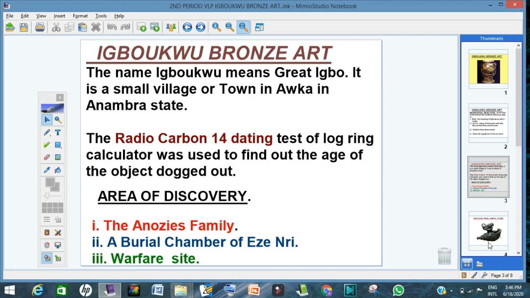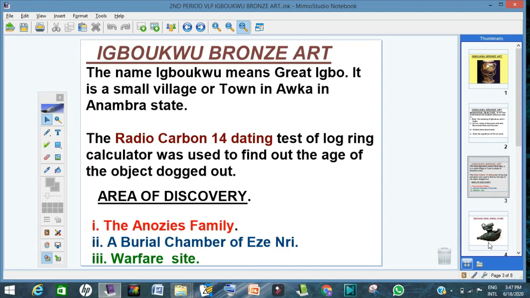1, the Anoze's family. 2, the burial chamber of Ezenri. 3, a warfare zone. What do I mean by all these areas of discovery? The Anoze is a family compound, where in each of the family houses they were able to discover this artwork, and their names are there.